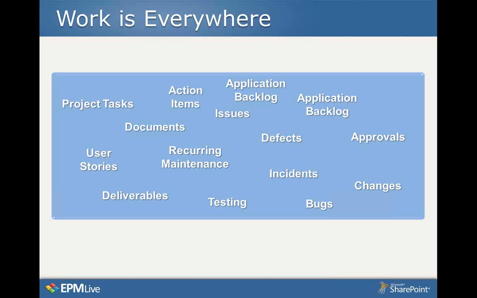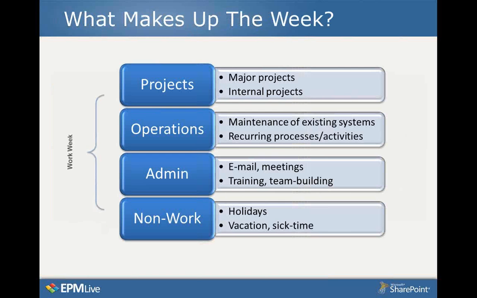And what we try to do as kind of a step towards making it a bit more organized and understandable is we try to understand what makes up the work week, right? And try to kind of compartmentalize all of these various activities into high-level buckets, and then we can figure out what to do with those buckets from there in terms of tracking them and understanding them.